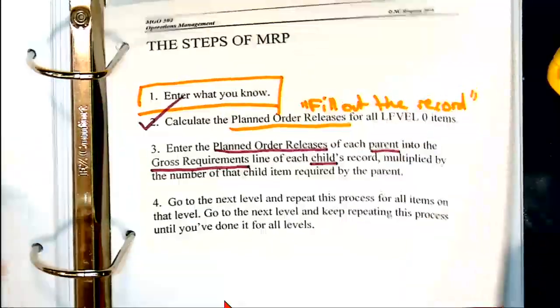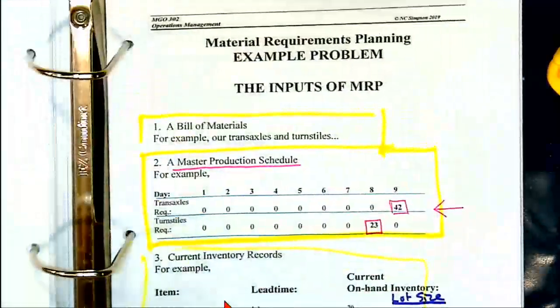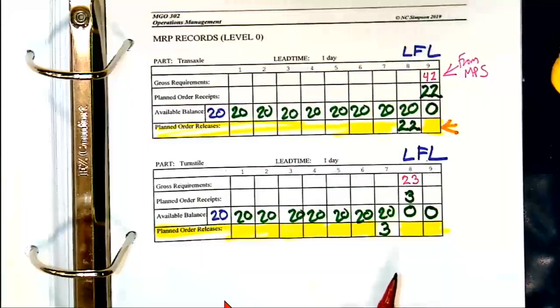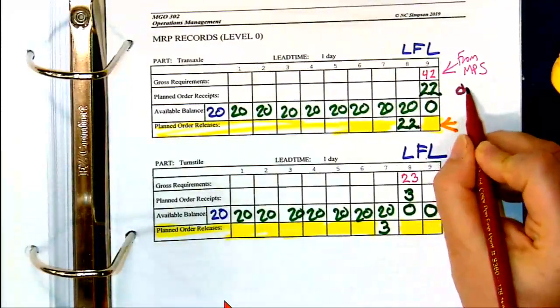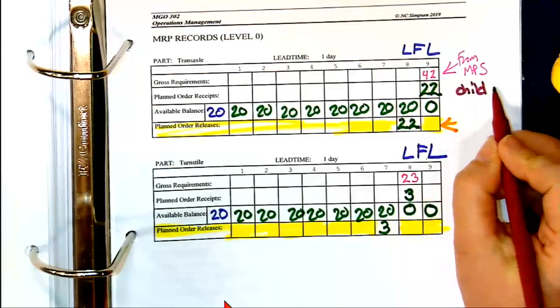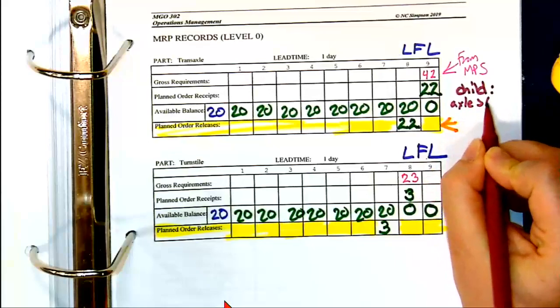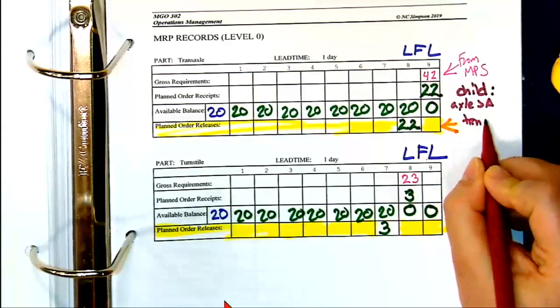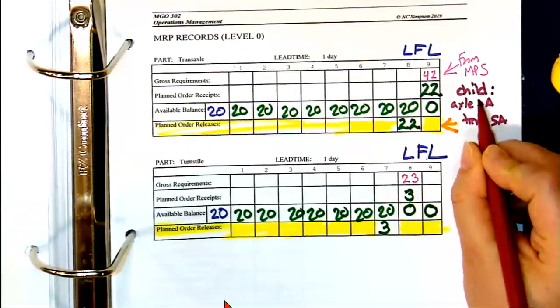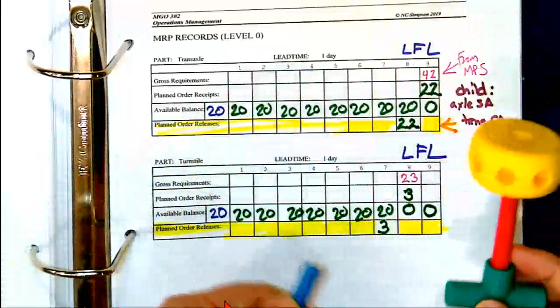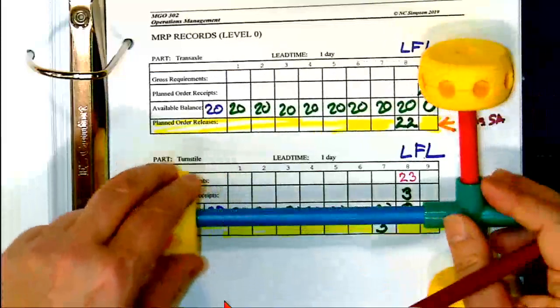Now, you might be thinking, why? Well, wait. Just visualize. I'm looking at the transaxle. If you look up on the board right now, the 2 children are the axle subassembly and the transmission subassembly. I'm just jotting this down. Those are the 2 children. And we're saying that the bottom line of the parent becomes the top line of the child's record.